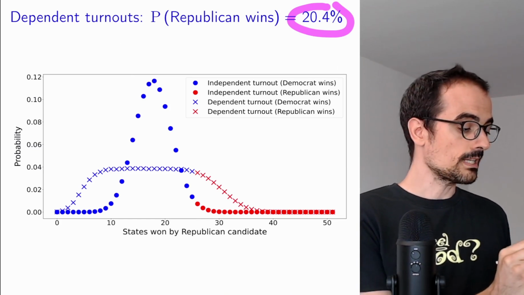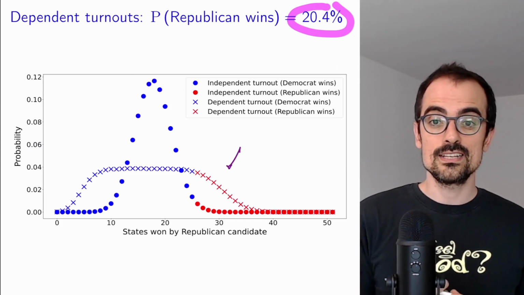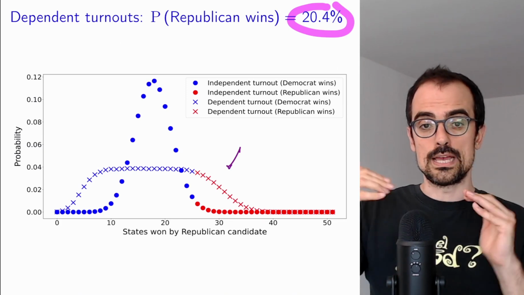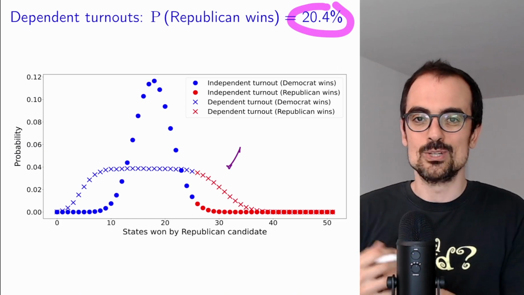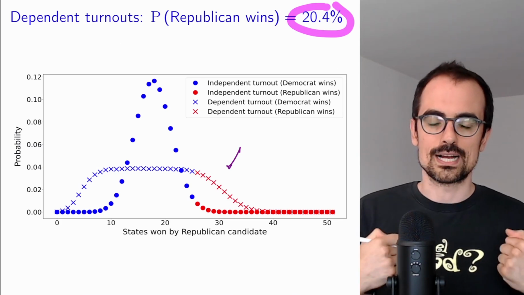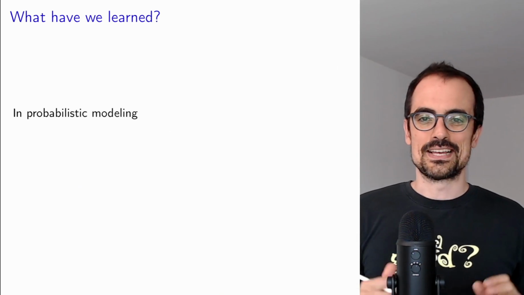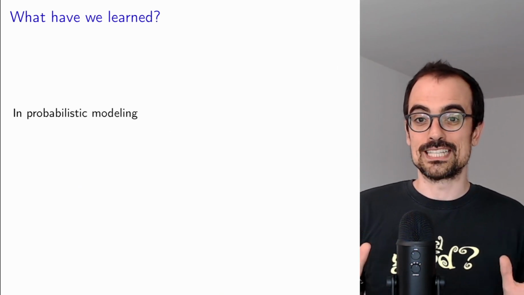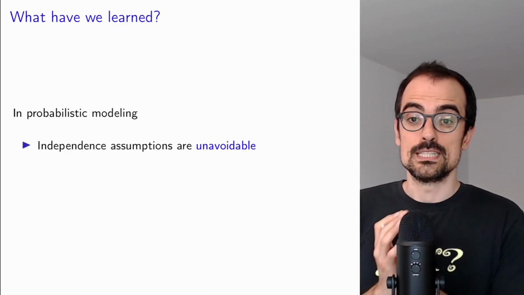And again, this is a cartoon version of what happened in 2016, where Trump was better than expected in a lot of states at the same time, which indicates that there was some dependence between those states that was not taken into account in the forecasting models. And what have we learned? We have learned that in probabilistic modeling, we need to make independence or conditional independence assumptions.